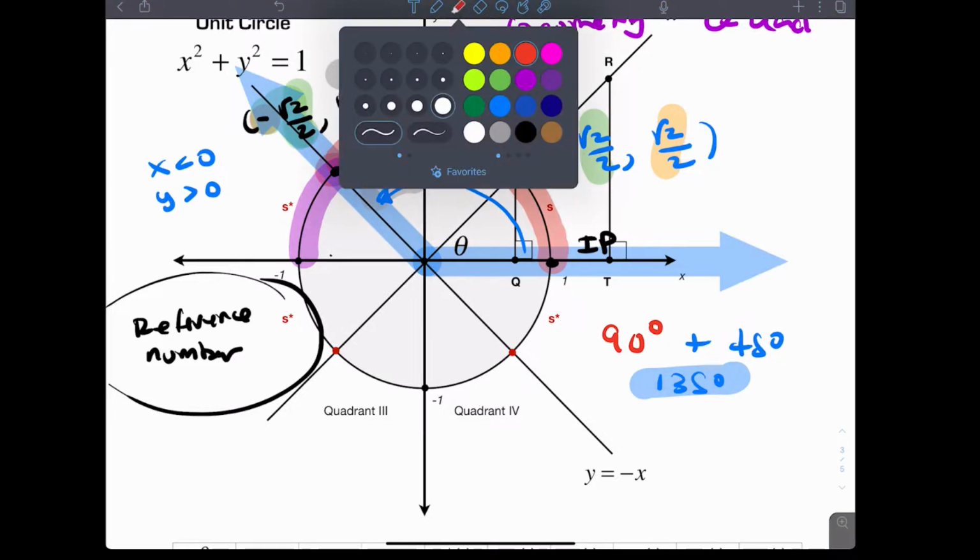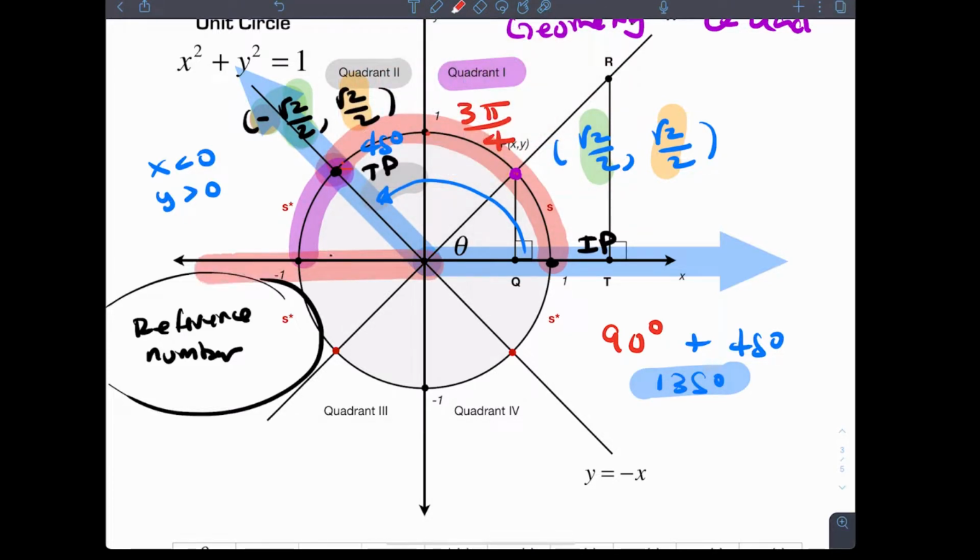And where's the x-axis? There's the x-axis. So the shortest distance along the unit circle is there in orange. Would you guys agree with that? That's the definition. So you say, oh, this is the shortest distance, terminal point to the x-axis.